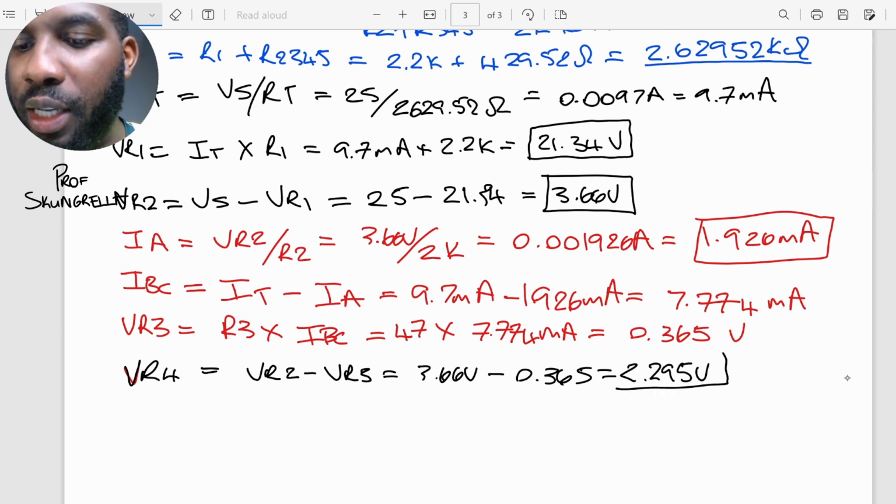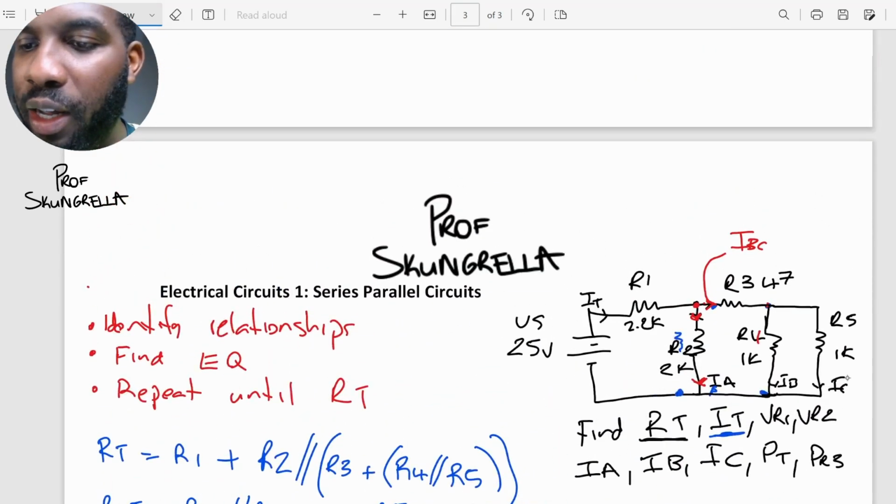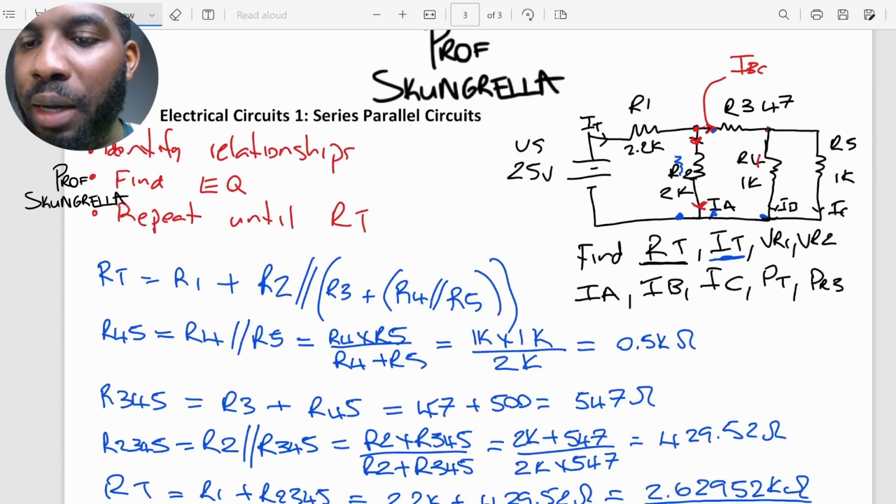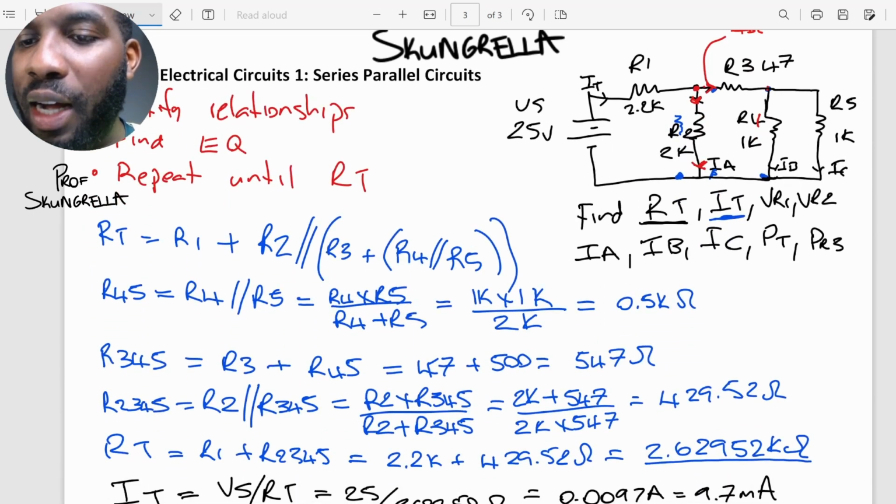So this is the voltage that is left after that voltage drop. So this is the voltage across this resistor right here and the voltage across this resistor right there. And now we can determine the currents IB and IC.